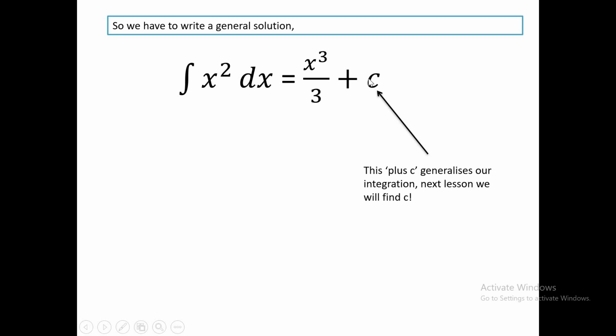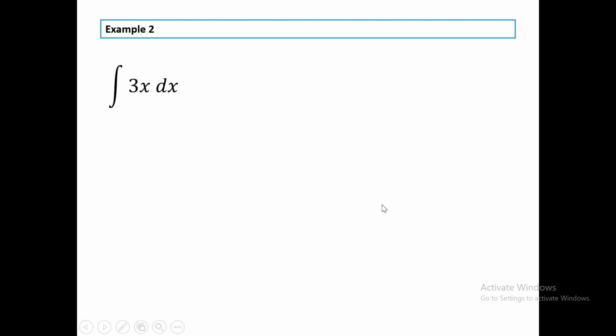It is a constant. Most algebraic expressions have a constant. The constant may be 0, so I can't see it, or any real number. This plus C generalizes our integration. Next lesson we will find the C, not in this lesson.